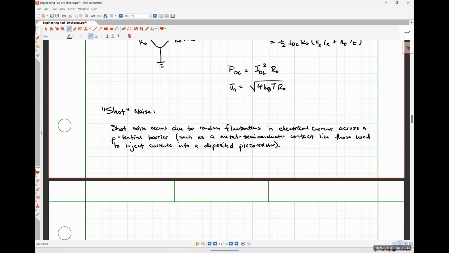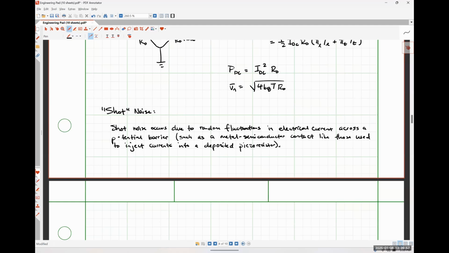And because of that contact potential, we are going to see current fluctuations, which are going to show up as a form of noise in our piezo resistors. And it is completely and utterly unavoidable because we need to connect to our piezo resistors with wires or good conductors and then have a high resistance something to act as the piezo resistor itself.